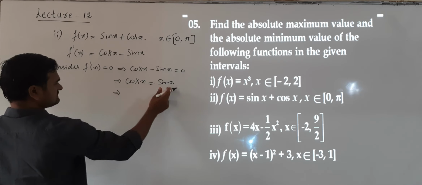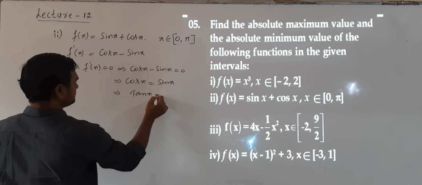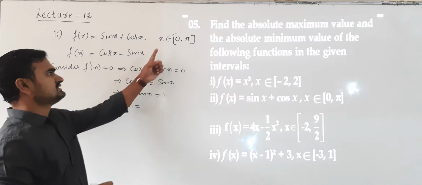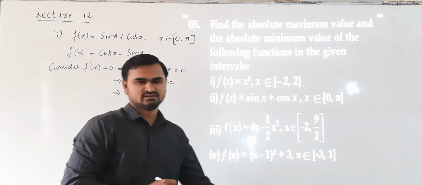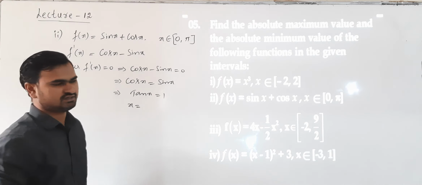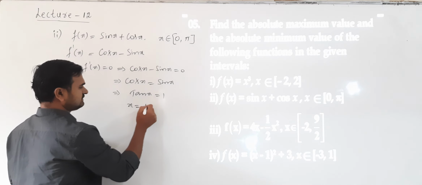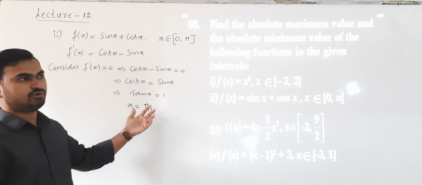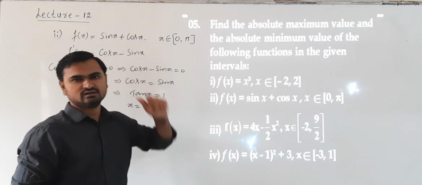Divide by cos x, so we get tan x equal to 1. Tan x equal to 1 means x equal to, in 0 to pi, the first and second quadrants, where tan is positive only in the first quadrant. And what is the first quadrant angle? Pi by 4. So we have only one critical point in this particular interval.